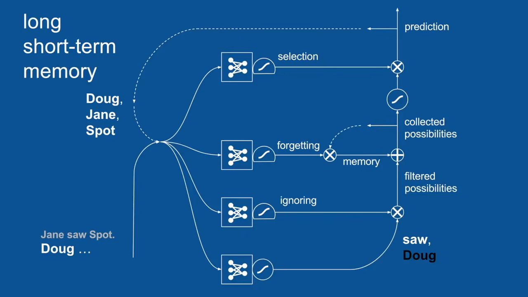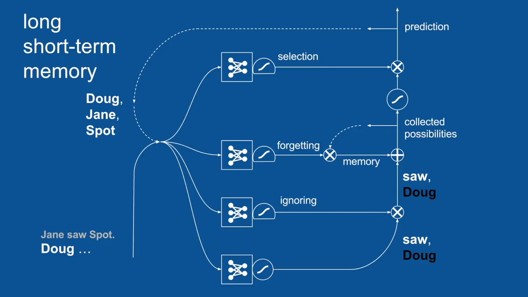So it makes a positive prediction for saw and a negative prediction for Doug. It says, I do not expect to see Doug in the near future. So that's why Doug is in black. This example is so simple we don't need to focus on attention or ignoring, so we'll skip over it for now. And this prediction of saw, not Doug, is passed forward.